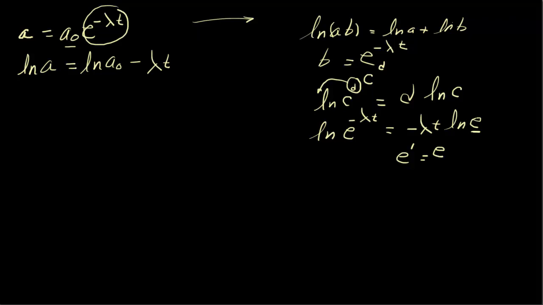So the natural log of e is just going to be equal to 1. And so we would write this result, the natural log of e to the minus lambda t, as just equal to minus lambda t times 1, or just minus lambda t. So that's how we get this term over here in this relationship.